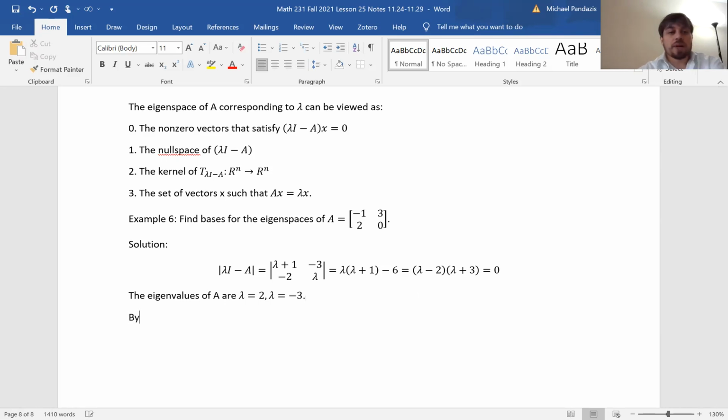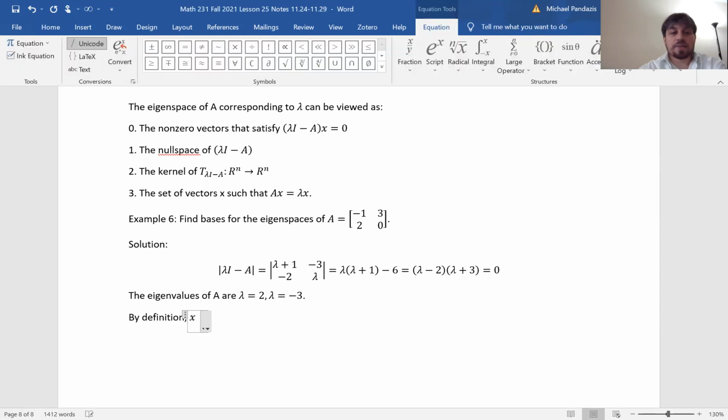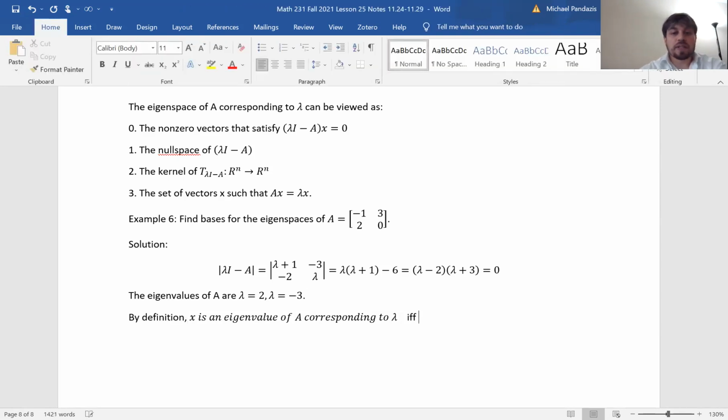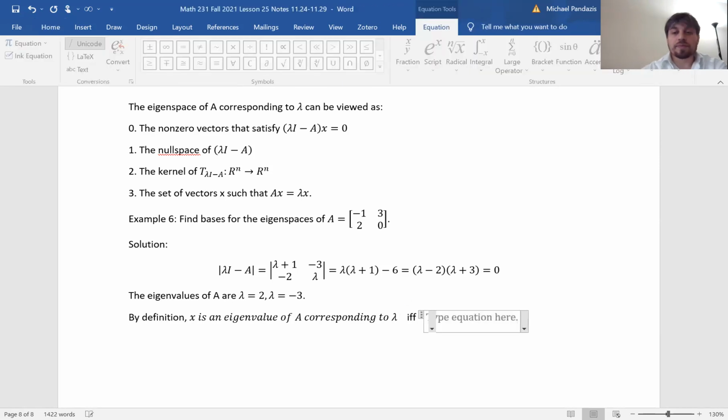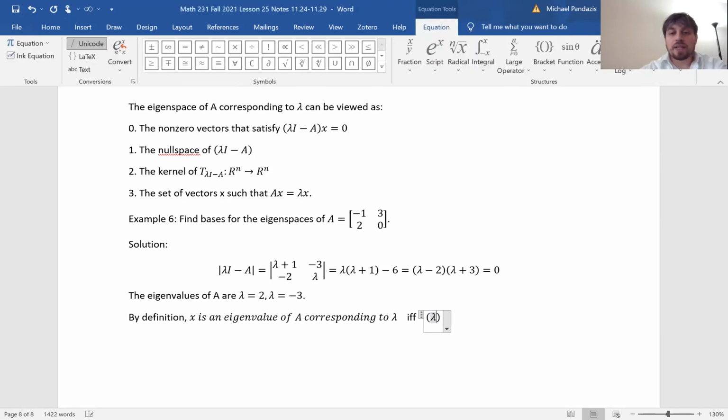By definition, x is an eigenvector of A corresponding to lambda if and only if lambda I minus A times x is equal to 0.